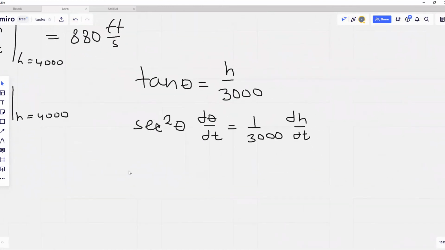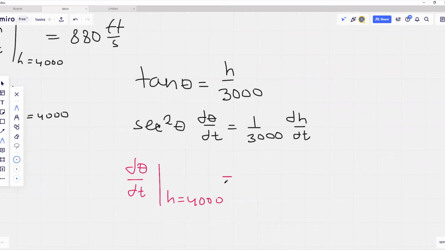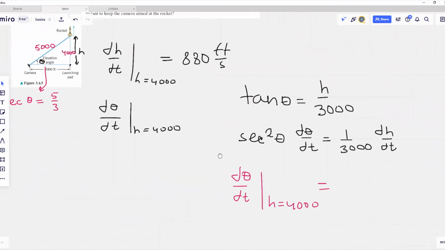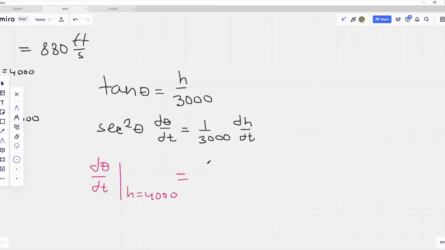Then d theta over dt at an instant when h was equal to 4,000 is equal to 1 over secant squared, or simply cosine squared, and cosine is equal to 3 over 5, so 3 over 5 squared, multiplied by 1 over 3,000 multiplied by dh over dt.